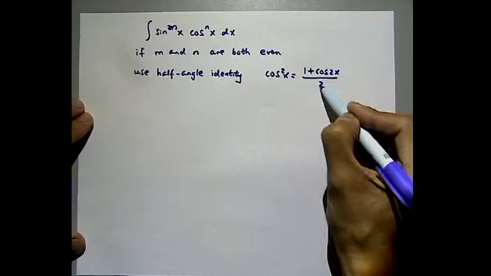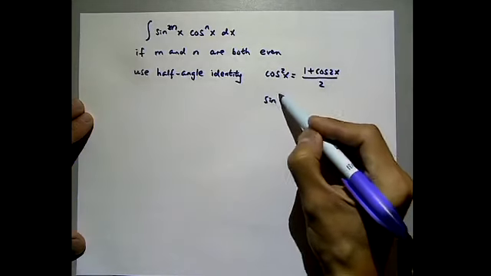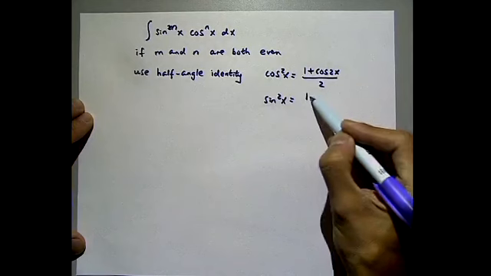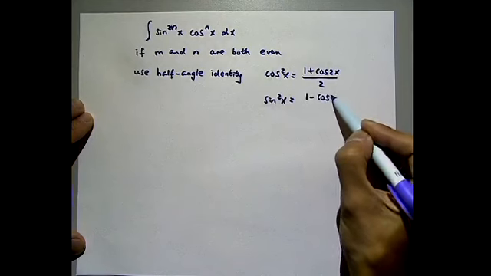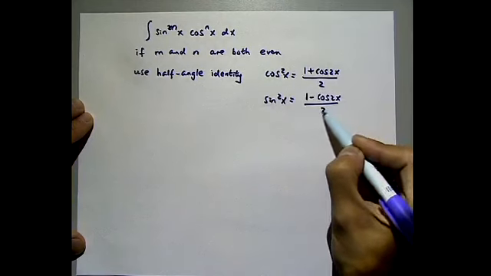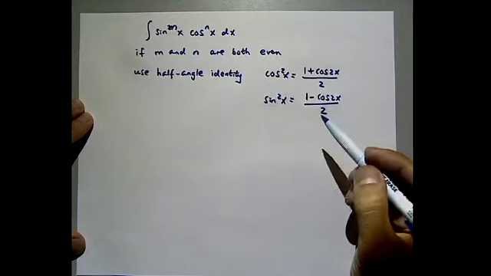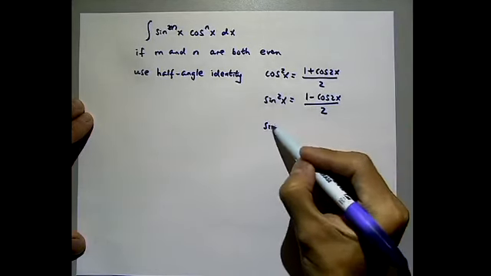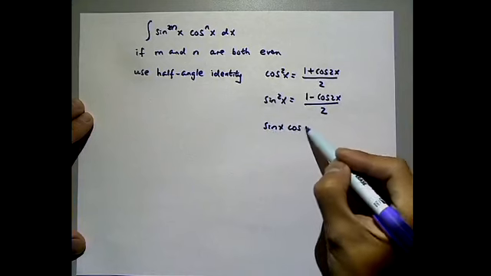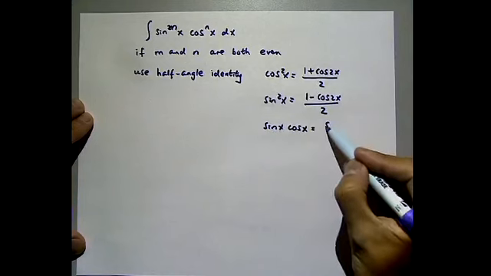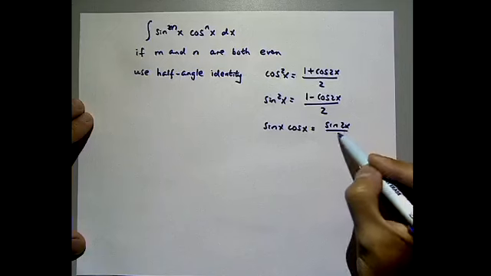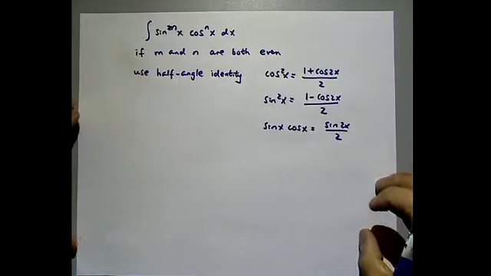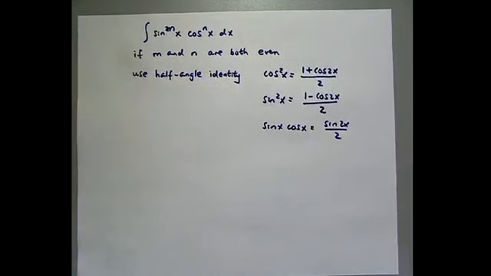We can use this one and or this one. Sometimes we could also use this one. This is when they're both even. We have choices of what to do with either of these two.